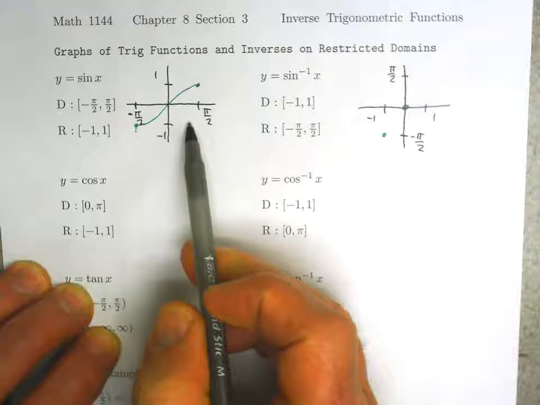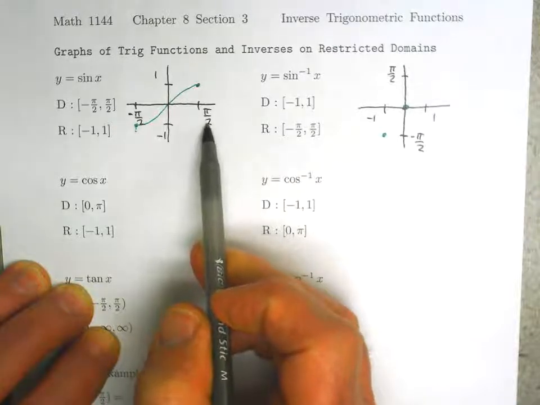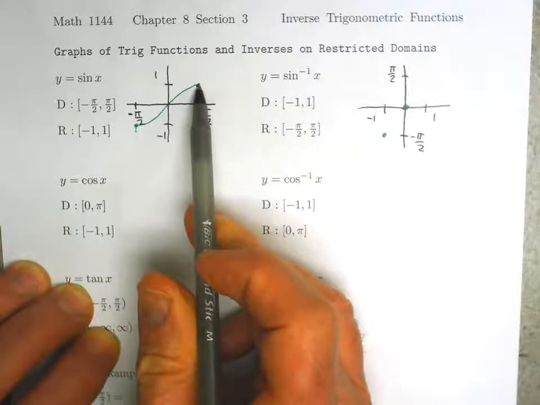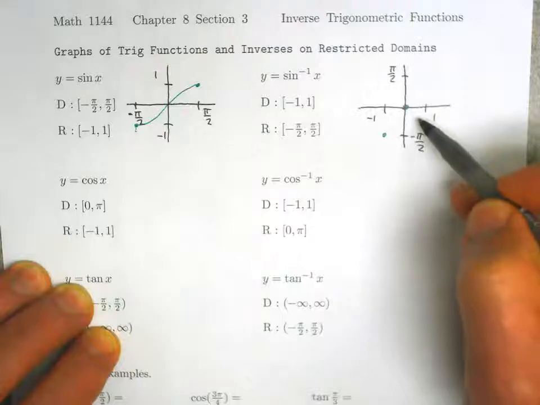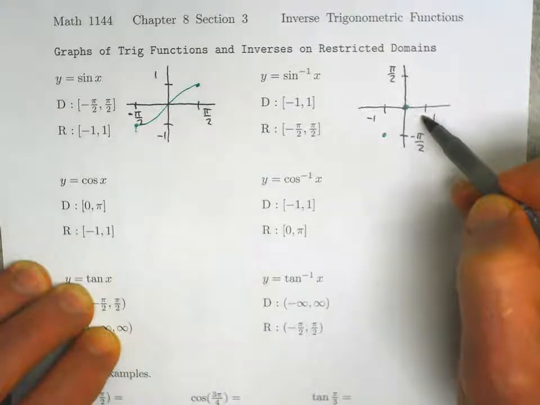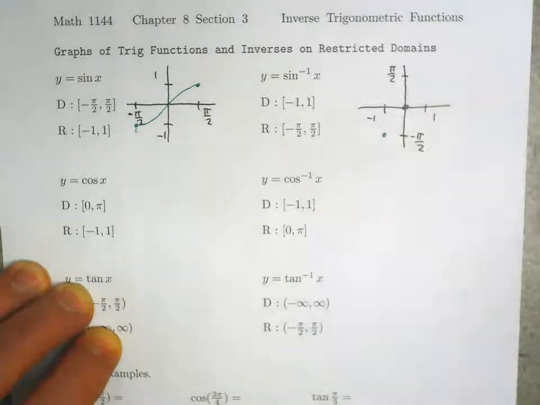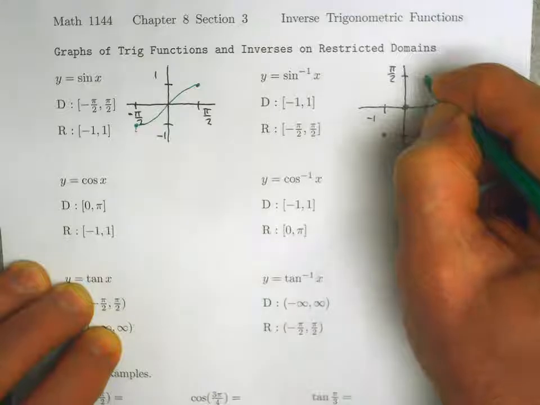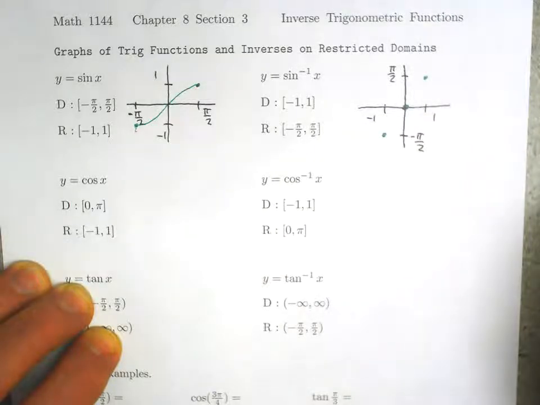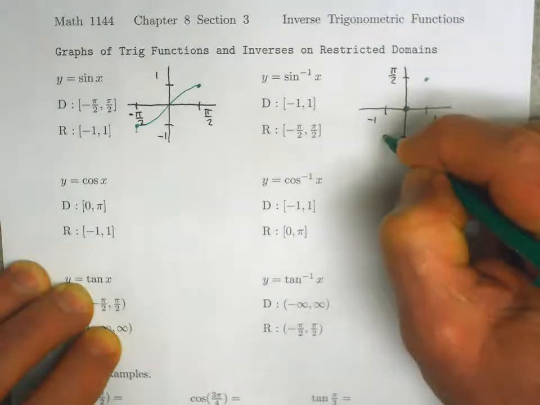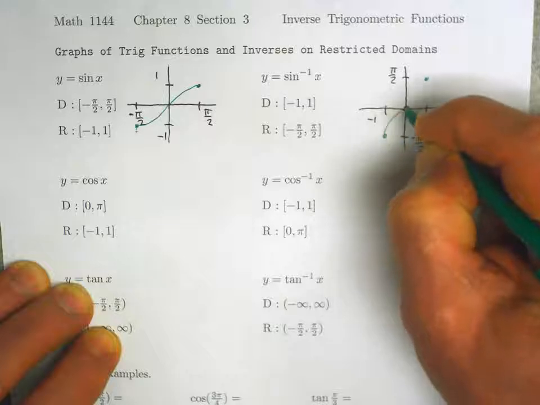And from the graph of y equals sine of x, we have the ordered pair pi over 2, 1. So on the graph of inverse sine, we have the point 1, pi over 2. So it's this point up here. And the graph of the inverse will have this shape.